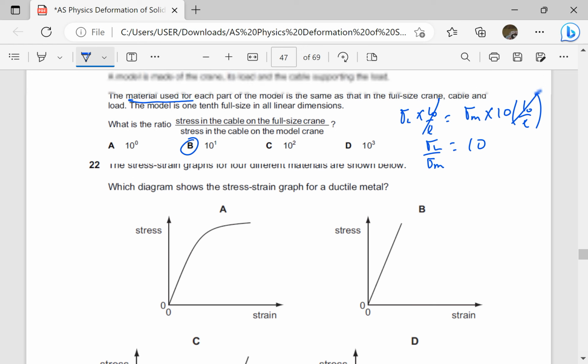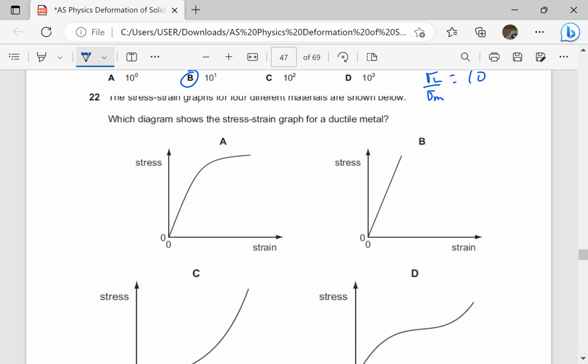Okay, the stress strain graphs for 4 different materials are shown below. Which diagram shows the stress strain graph for a ductile material?